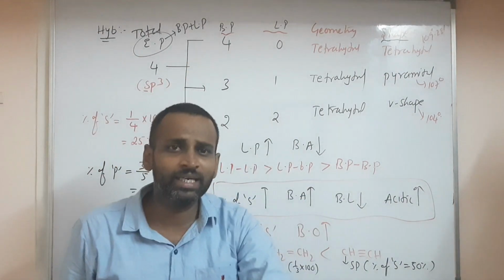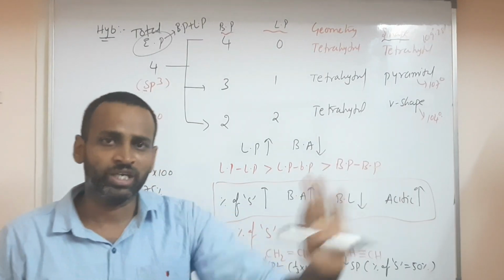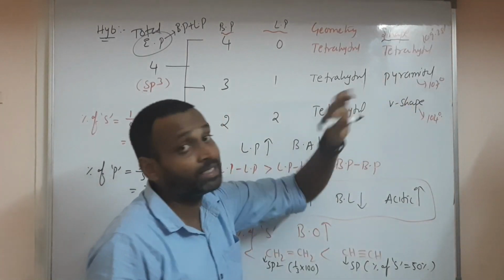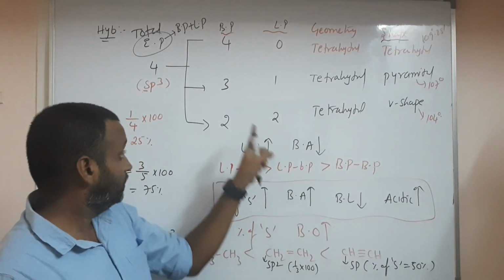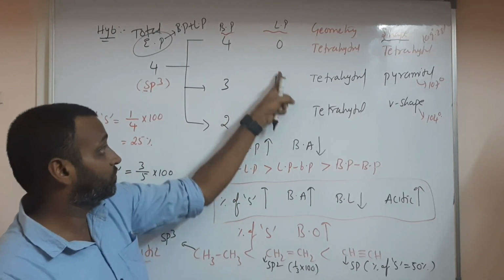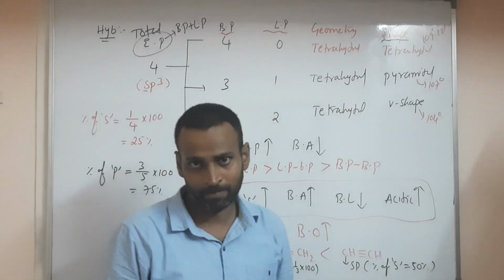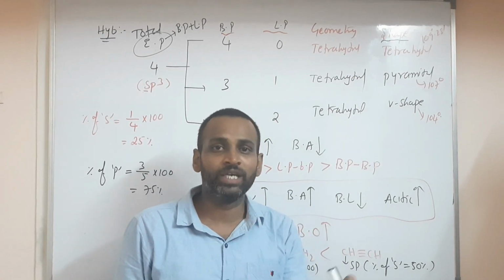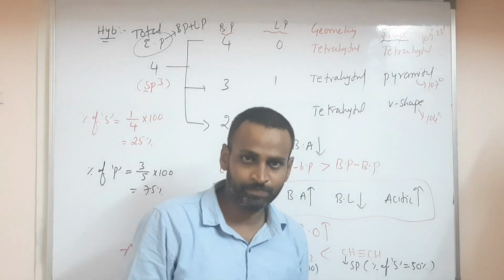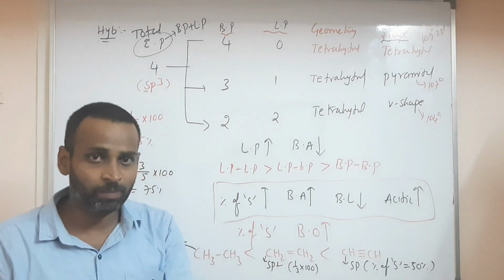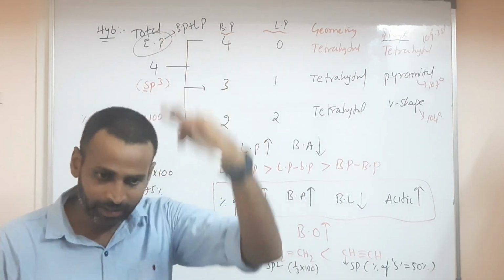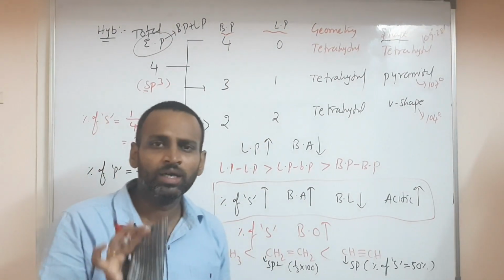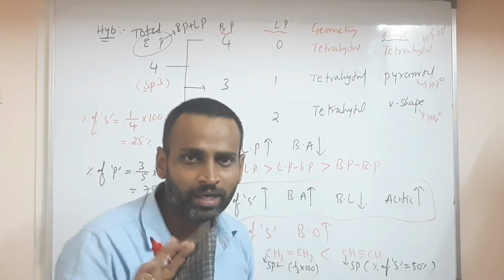Geometry for a certain number of electron pairs will never change, but shape will change and be distorted if lone pairs are present. If lone pairs are present, bond angle decreases. So we have to remember all these important things.